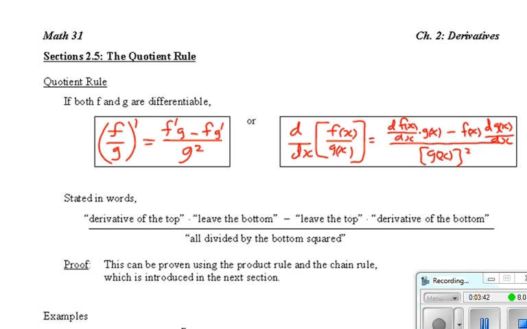All right, so that's the official way of writing out the quotient rule with the complete notation. And this is an abbreviated notation here.